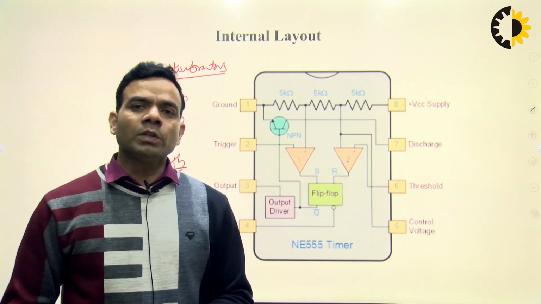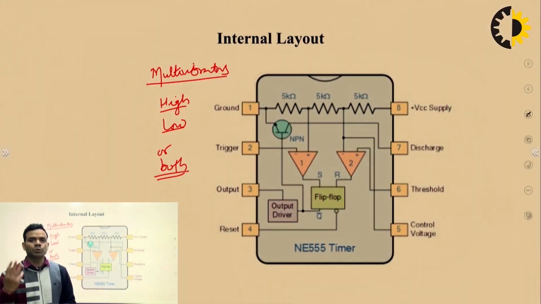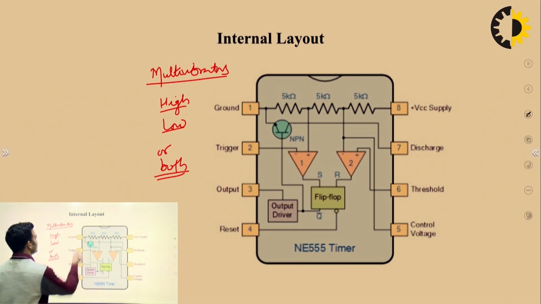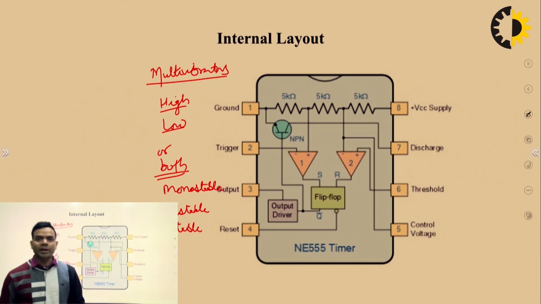Depending on that, multivibrators can be categorized into three parts: monostable, bistable and astable multivibrator. Monostable multivibrators have only one stable state.